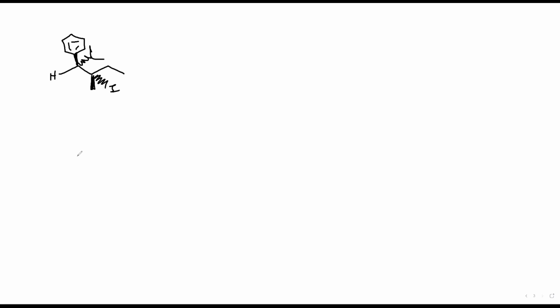If I rewrote this problem to look like this, it is actually very easy. As long as H is a dash or a wedge and the leaving group is a dash or a wedge, you either write exactly what you see. What was this? Oh, isopropyl. In this case, they're both cis, so I just draw what I see, which is this here.